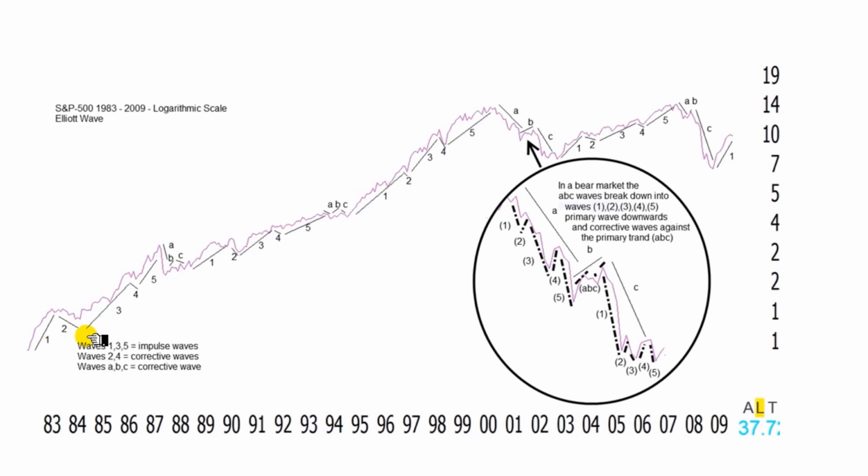So from 1984 to 1987, we saw a very strong bull move. And from 1987 to 1989, we saw a pretty sharp correction, certainly during 1987.